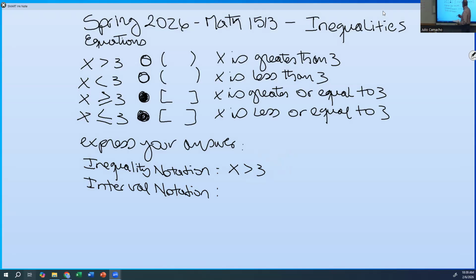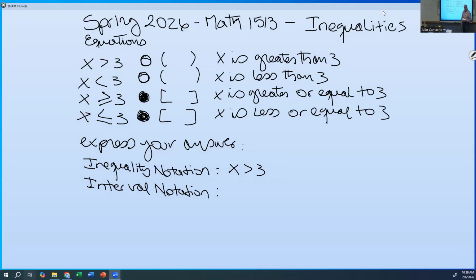you have to use parentheses. If I say that x is greater than 3, what the answer is saying is that every real number that is a solution for this inequality is greater than 3. So you have to graph this on a number line, in the direction your arrow is going.